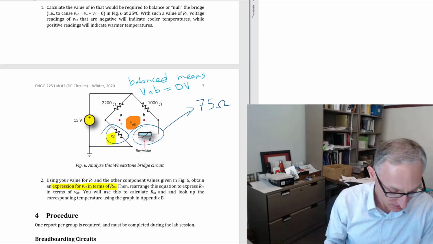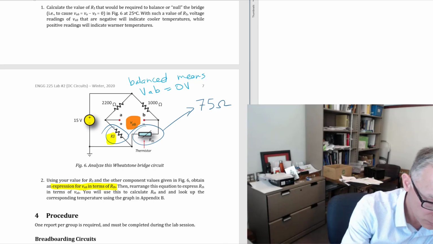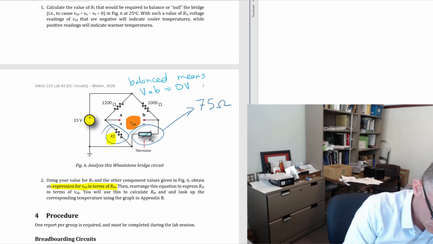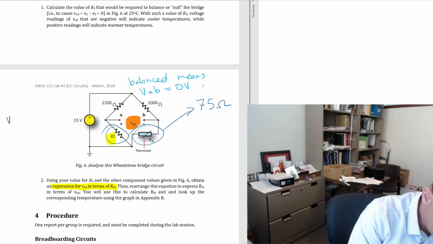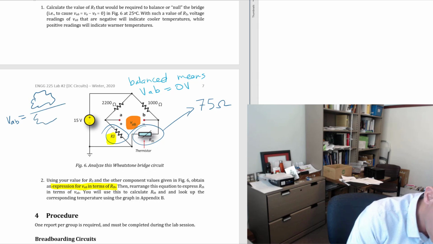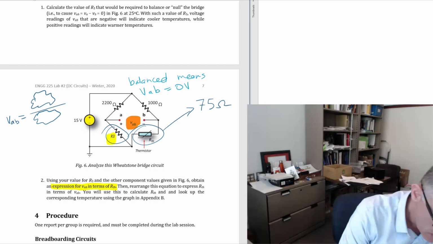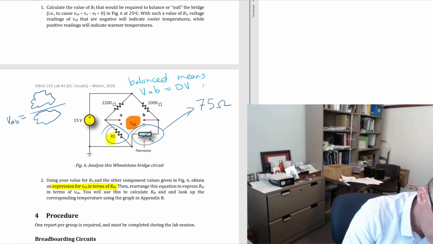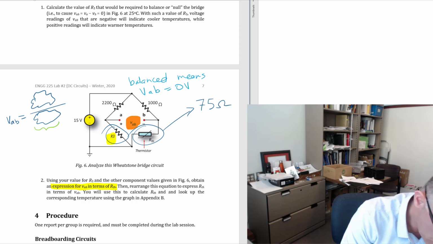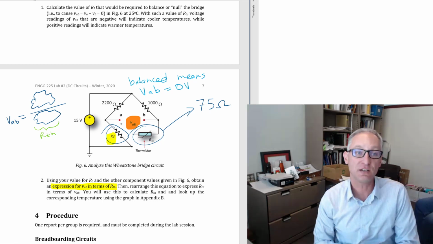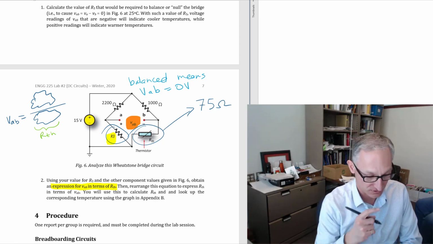What does that mean? You're going to come up with VAB equal to some expression, right? It's going to have a bunch of terms, like some sort of fraction, and then within the right-hand side, there's going to be an RTH term in there, okay? As part of the circuit analysis.